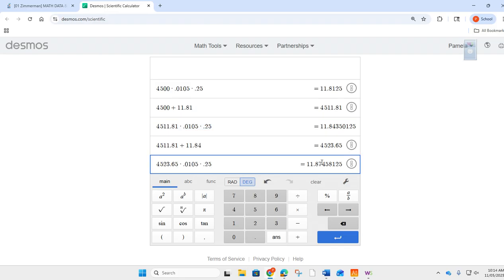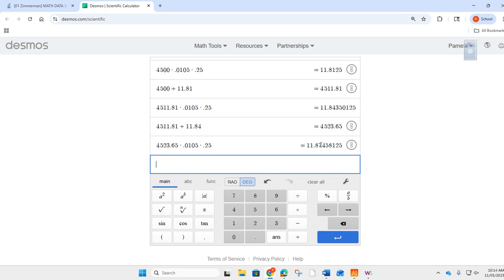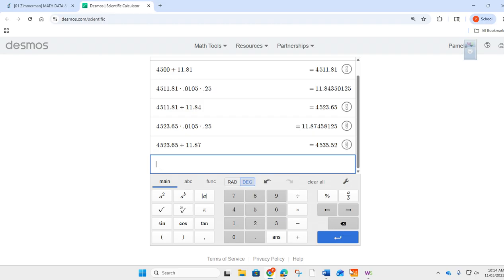So now I know that my interest on this quarter, I'm going to round to the 7, so it's going to be 1187. So I'm going to take that previous balance, 4523.65, and I'm adding 1187. Right? So that's what we have here.